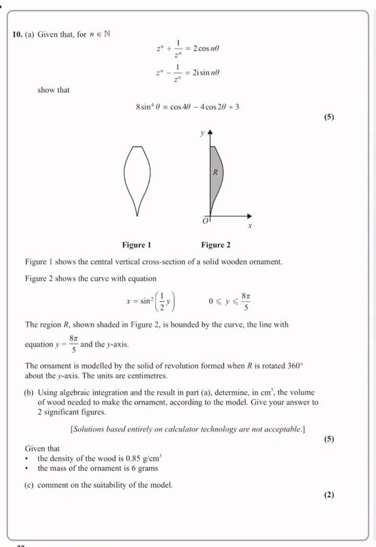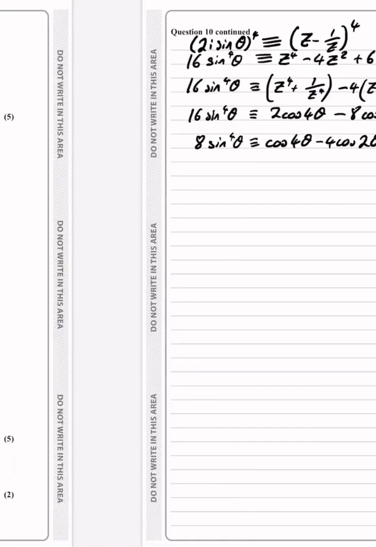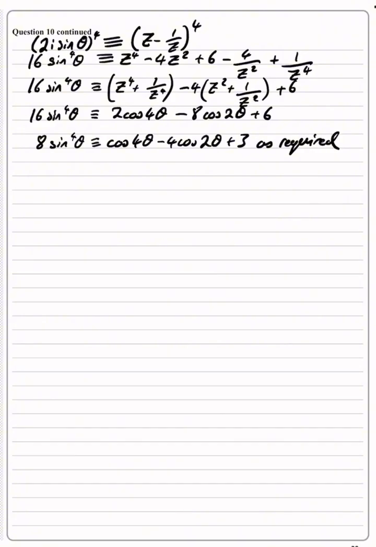Okay, for part B, we're calculating the volume of this shape. So volume of revolution, rotating about the y-axis. So we're going to use pi times the integral of x squared dy.